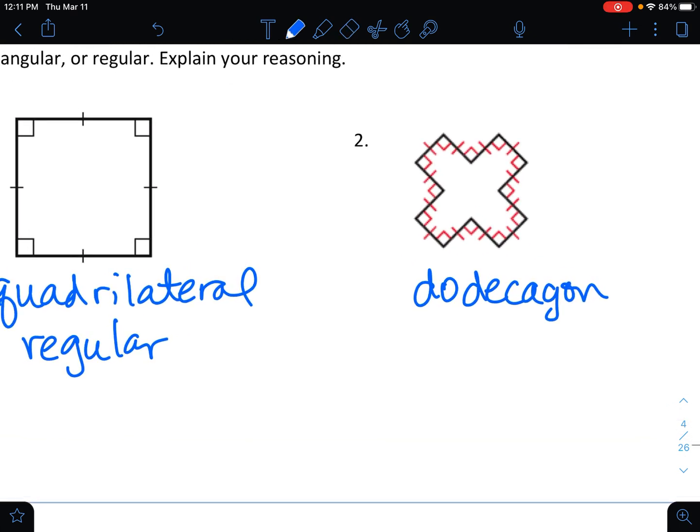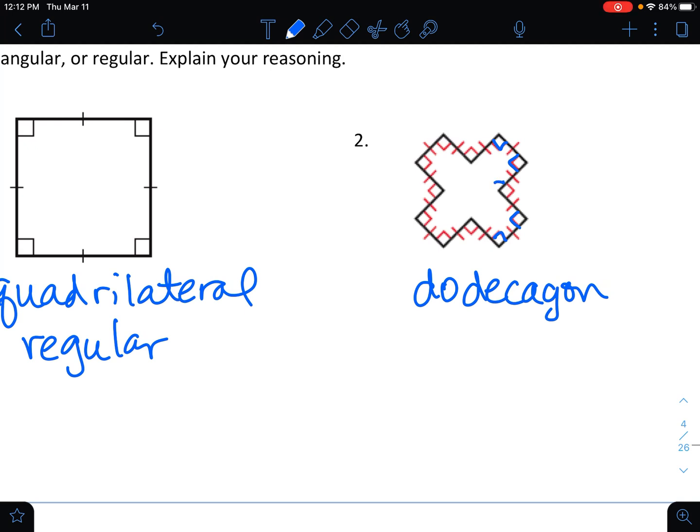So I am seeing equal sides. 1, 2, 3, 4, 5, 6. Okay, equal sides. Equal angles. Do we have that too? Now, I have a lot of right angles here, but the problem is all of the angles inside the shape are not right angles.